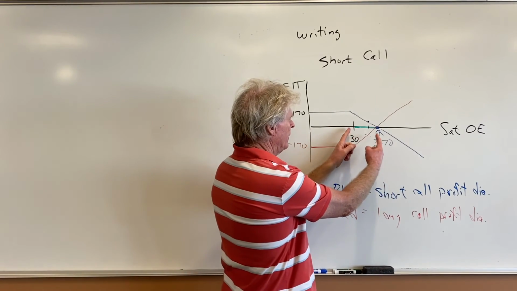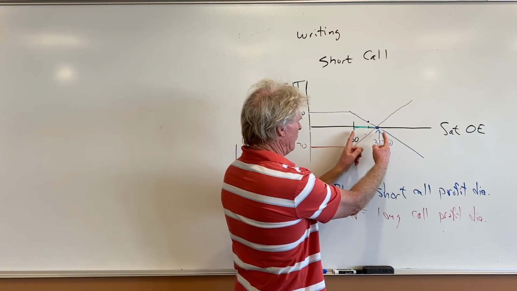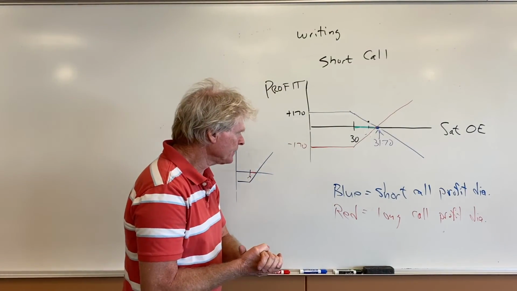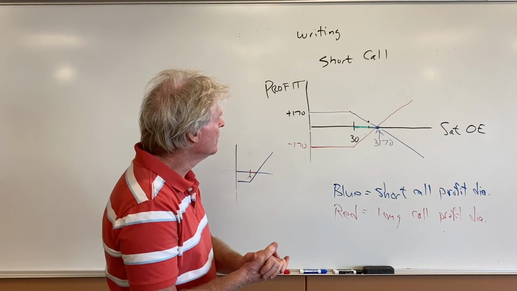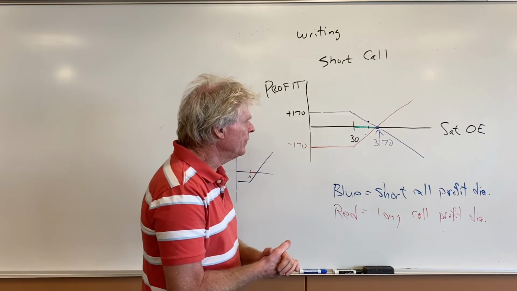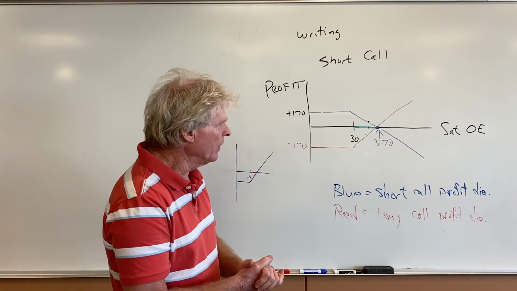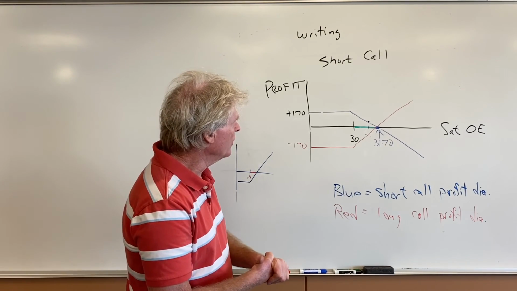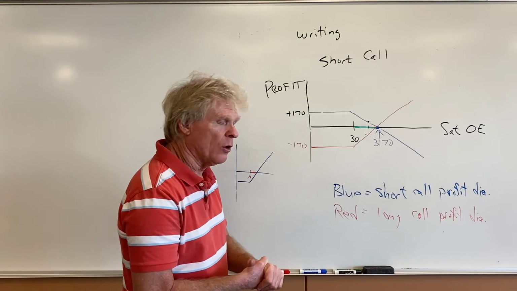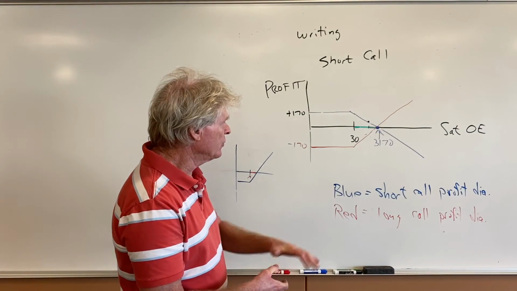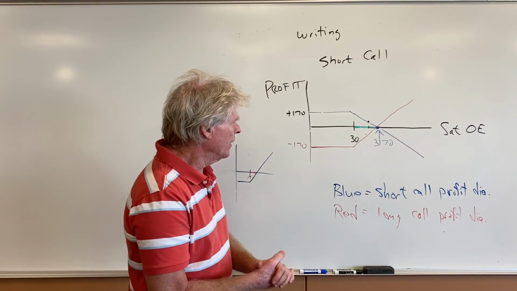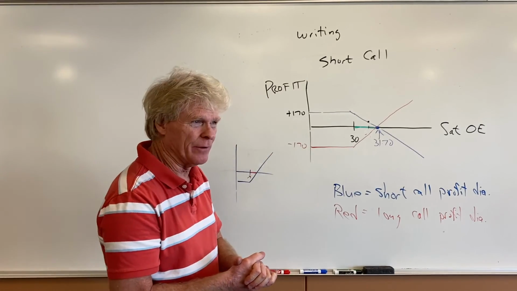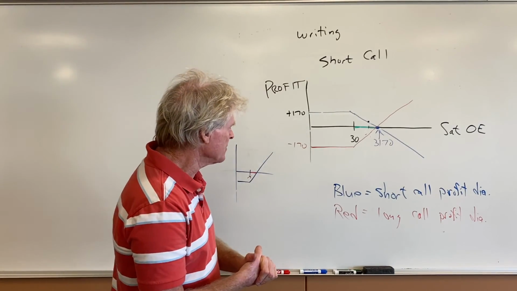And again, if stock price at option expiration is anywhere between here and here, this call will expire in the money. And so that's a very important diagram to keep in mind with respect to the distinction between short call and long call positions, right? So that would be a good diagram for you to take a mental picture of and keep with you at all times.